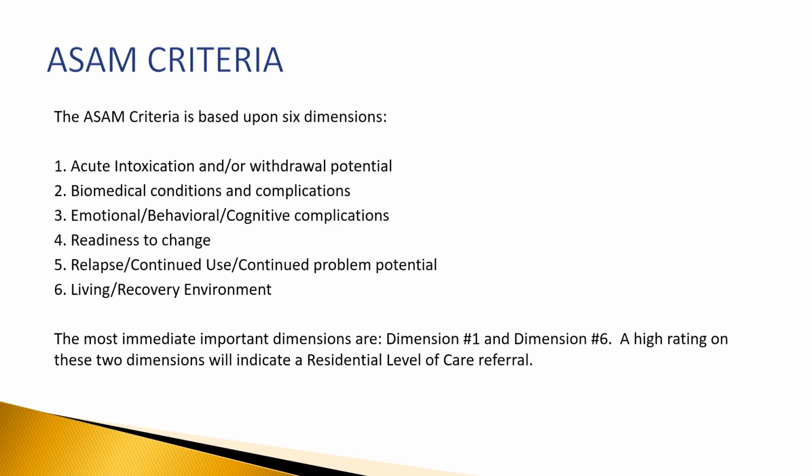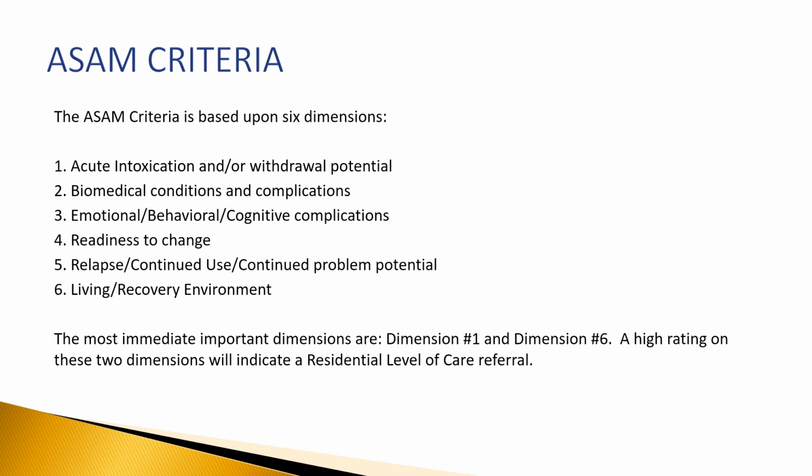Emotional, behavioral, and cognitive complications, co-occurring disorders goes in dimension 3. Readiness to change or the client's motivation is in dimension 4. Relapse, continued use, or continued problem potential is in dimension 5.